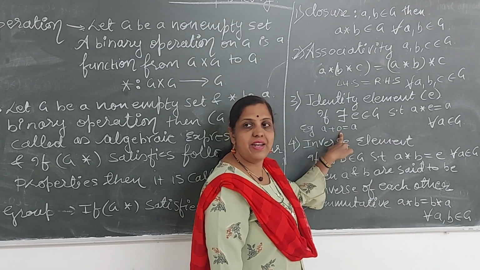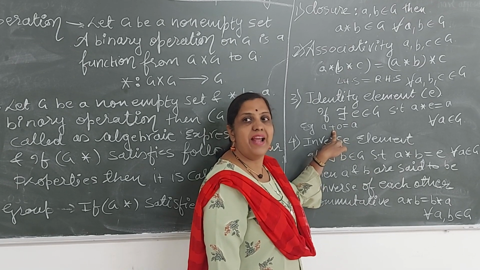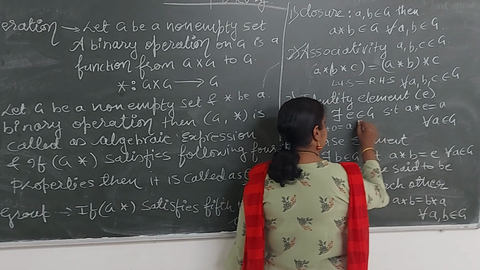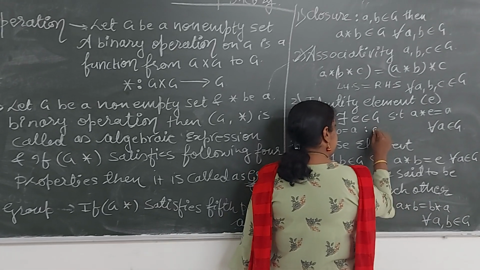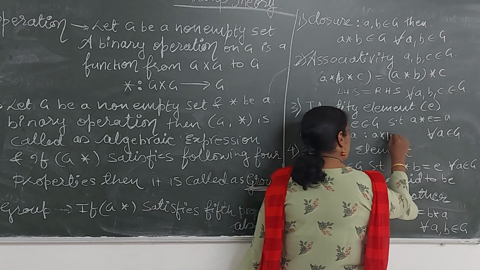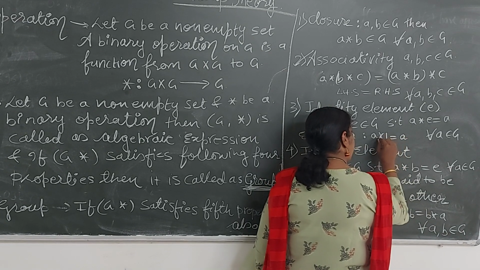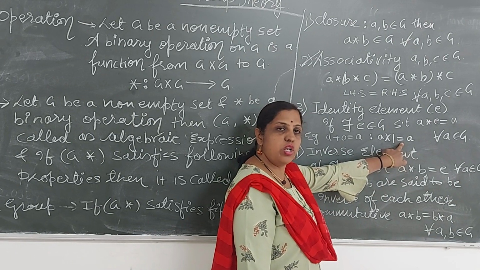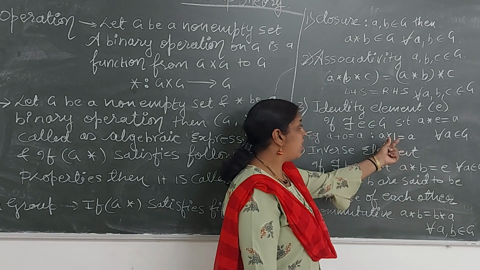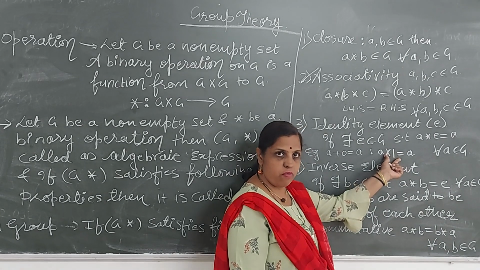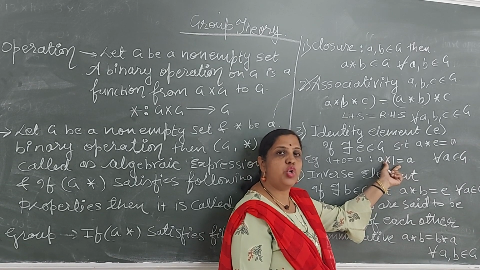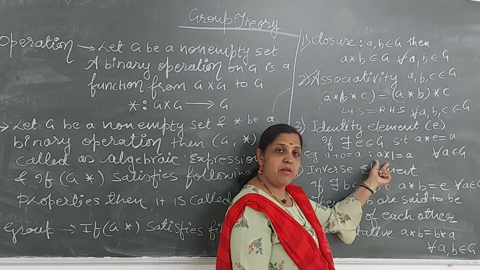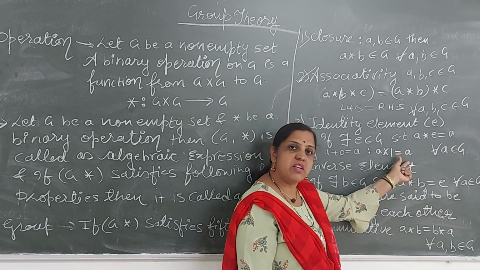Similarly, for multiplication, A multiplied by 1 is equal to A. 200 multiplied by 1 is 200, 10 multiplied by 1 is 10.